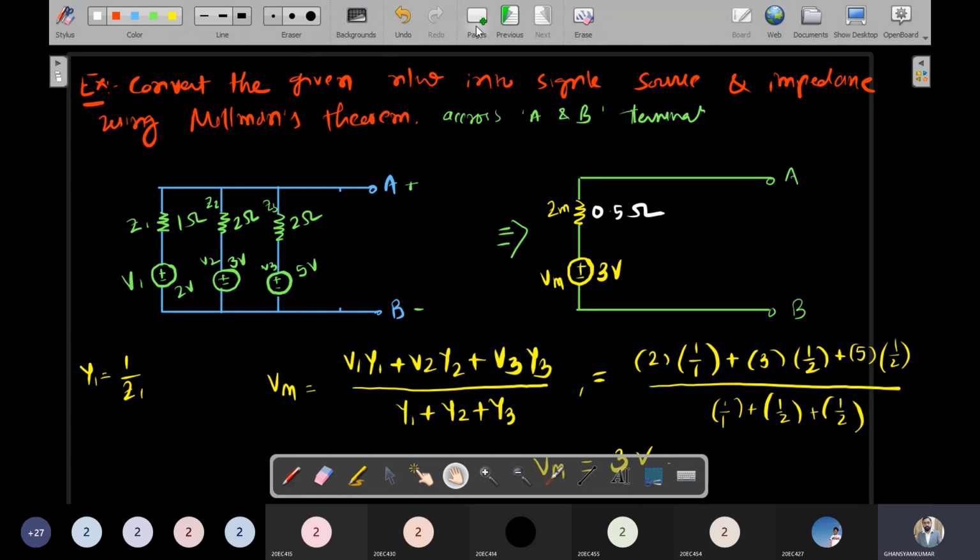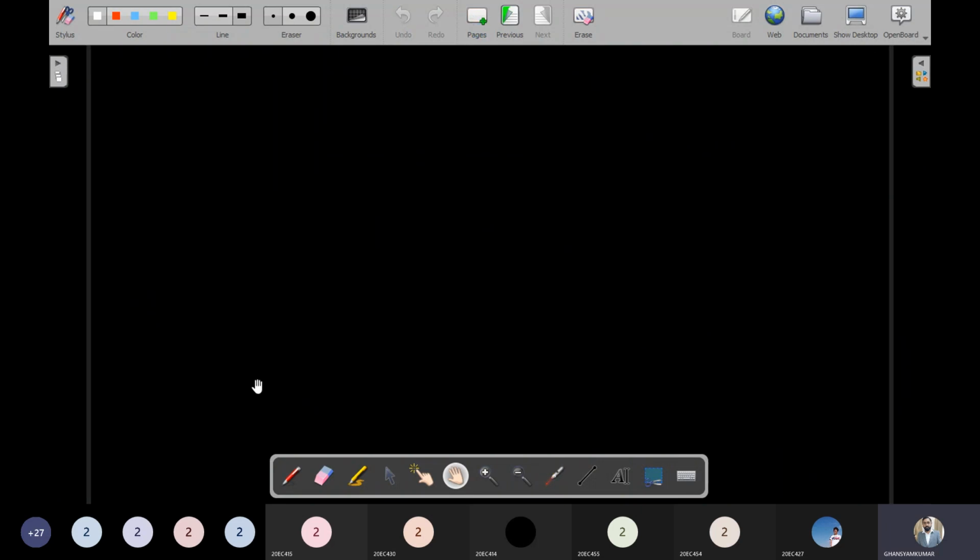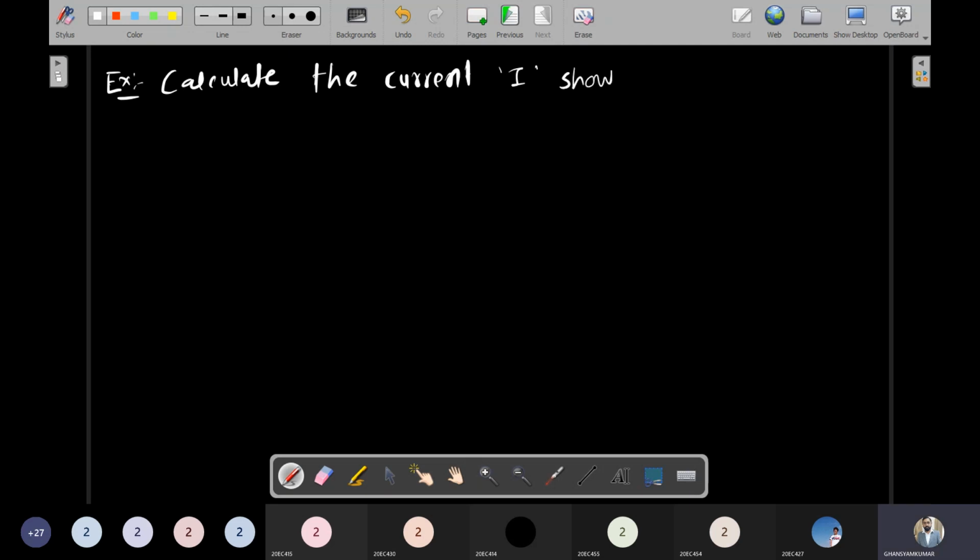Now based on this one only, we are going to see one more example. Calculate the current I shown in the diagram or shown in the network, using Millman's theorem.